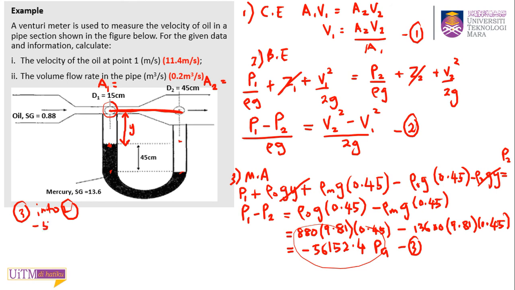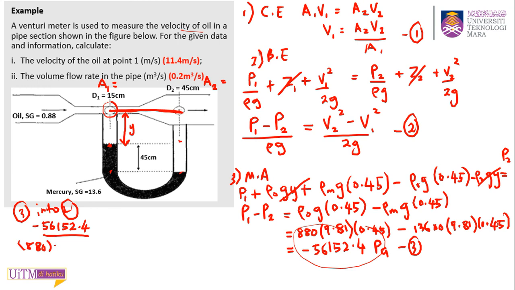So this will give you minus 56152.4 over rho g. Okay, not 1000, rho of oil. Don't forget this rho of oil, so this will be 880.